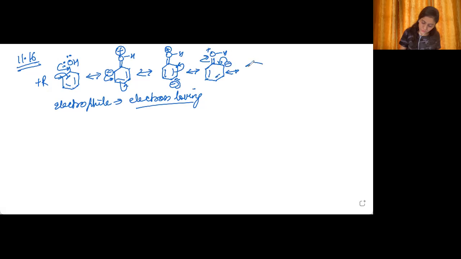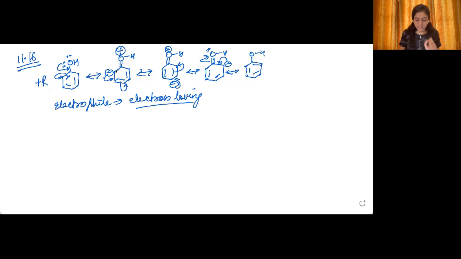Now, if you observe these resonating structures, you will be able to see that there is an increase in electron density on the benzene ring. Negative charge is appearing on the benzene ring because the lone pair of electrons on the oxygen atom of the OH group are in conjugation with the pi electrons of the benzene ring. Because of that conjugation, the electron density on the benzene ring is increasing.